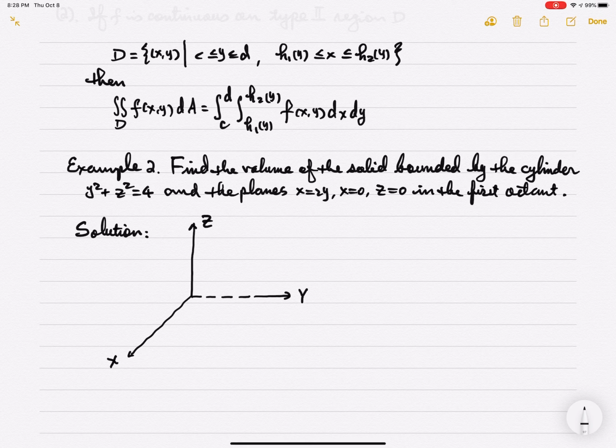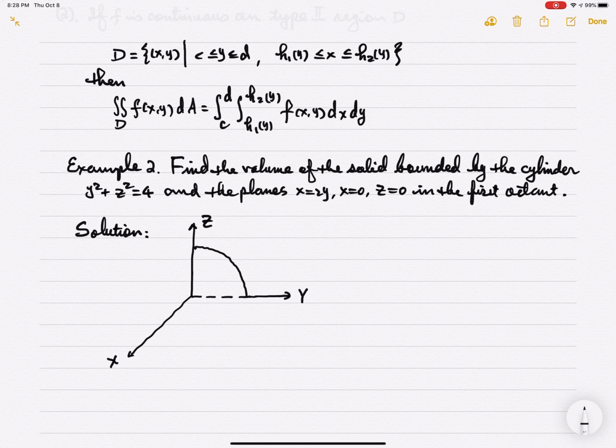Here we want the geometric figure in the first octant, so we draw a quarter of a circle.